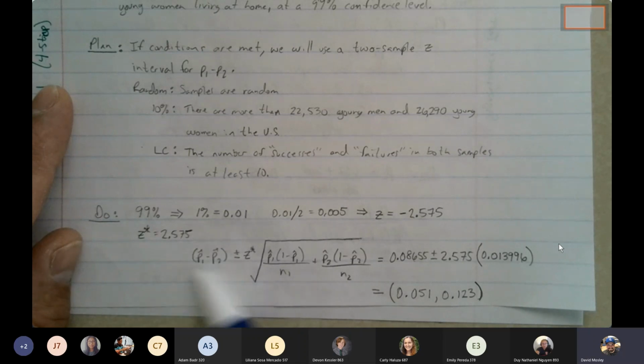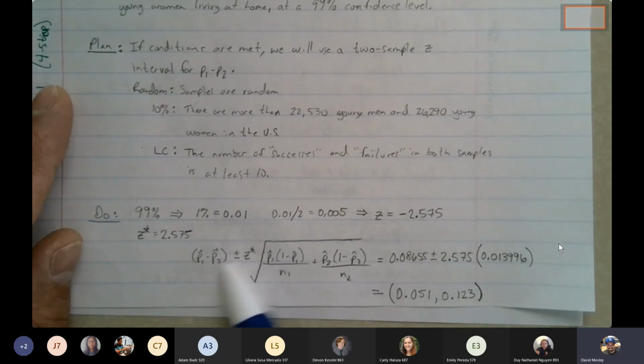And then we use this formula here to get our interval. We have our test statistic, p-hat1 minus p-hat2, plus or minus the critical value, z-star, times the standard error. This whole thing in the square root is our standard error.